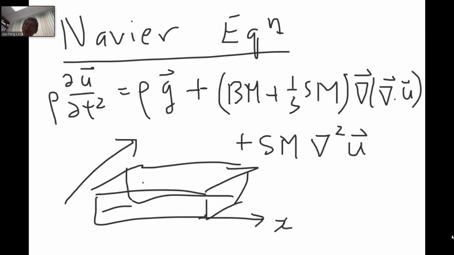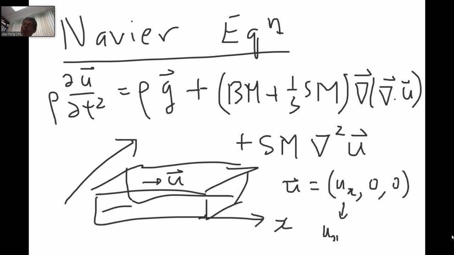So this is your u. In other words, u is simply (u sub x, 0, 0). u sub x is a function of x and t.